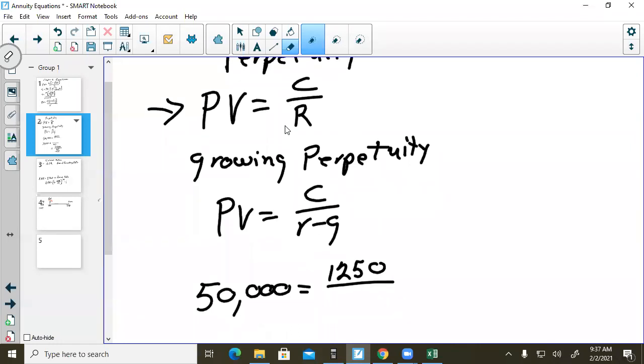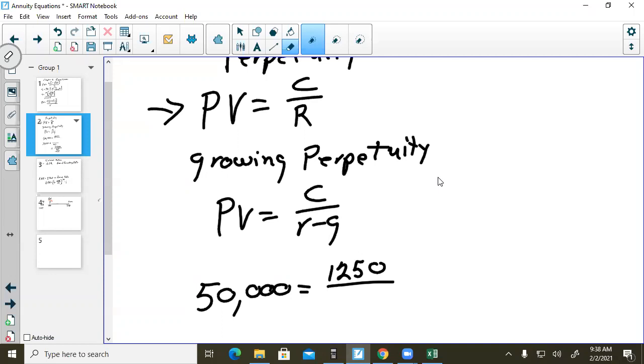Okay. Now, sometimes we have a growing perpetuity. A growing perpetuity is something like what you will see with Social Security. Maybe your grandparents, you'll hear them talking about cost of living allowance with Social Security, a COLA, cost of living allowance.